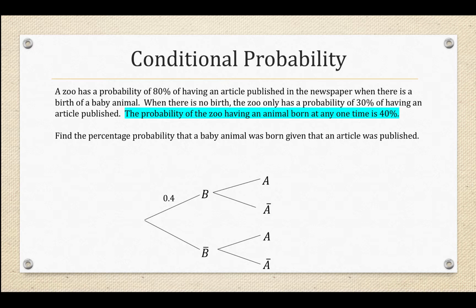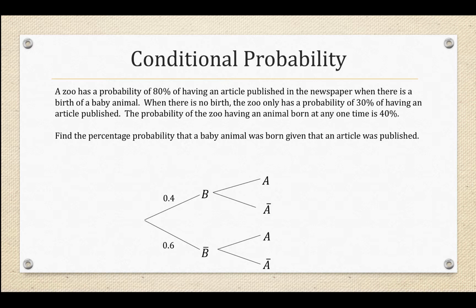So that gives us a decimal of 0.4. Now to find the probability of no baby animal being born, we find the complement, which gives us a value of 0.6. So 0.4 plus 0.6 is equal to 1.